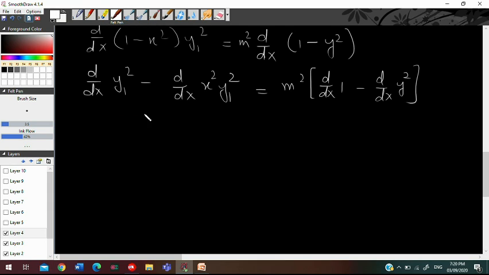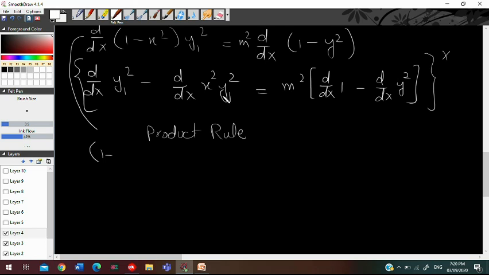When you solve this, this equation makes your calculation complicated, so I am directly applying the product rule and skipping it.